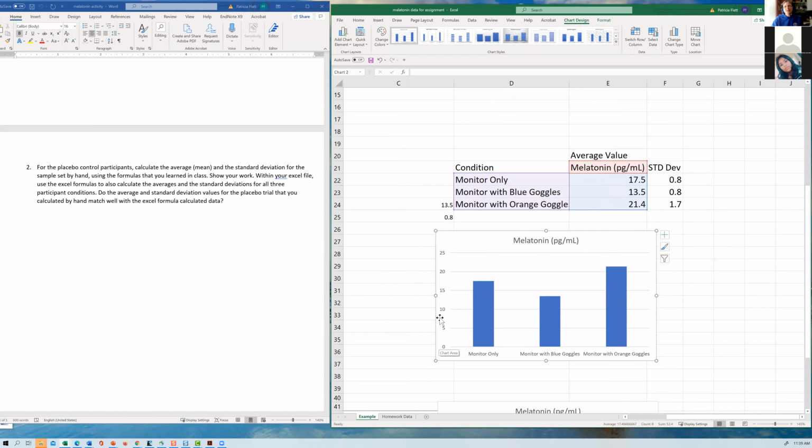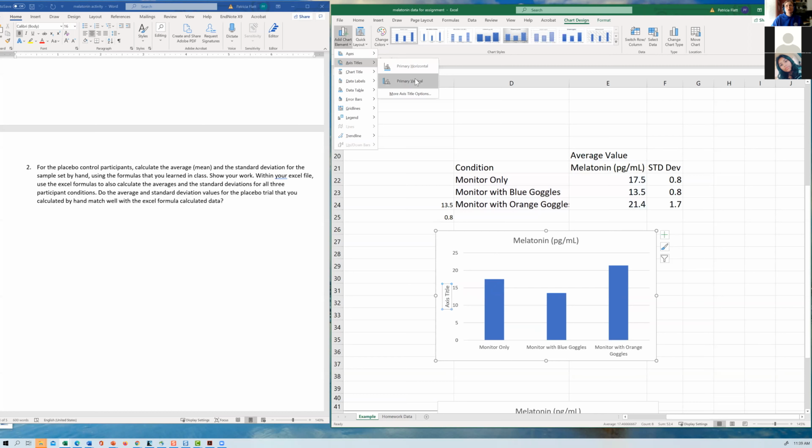The one I just made doesn't have the axis label in here. So if I go up here at the top, when I'm selected on chart design up here, I can add chart elements to this. And so in there, I want to add an axis title, and I'm going to add a title to the primary vertical. So I can put that in there, and then you can just click in here.